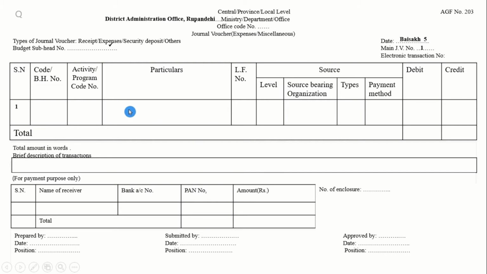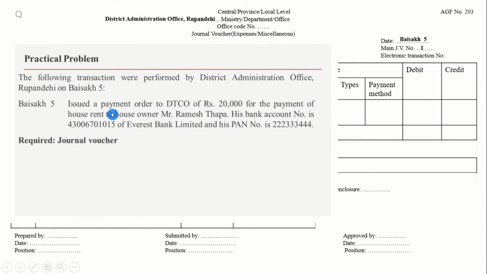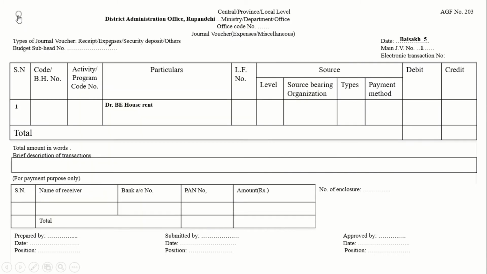DR BE house rent, debit budget expenditure house rent, because in the question we have issued a payment order for house rent, so house rent is a budget expenditure. BE means budget expenditure, so DR BE house rent.